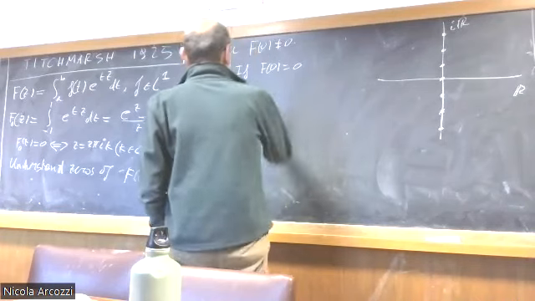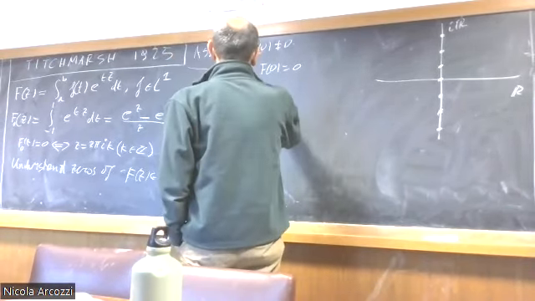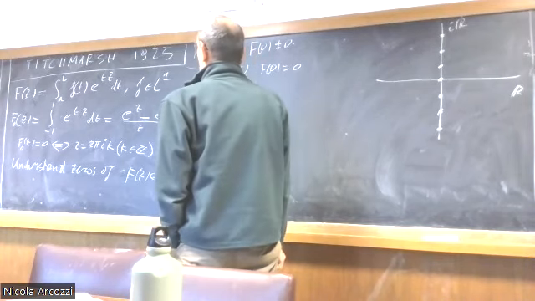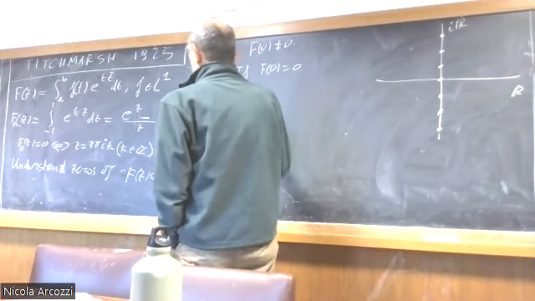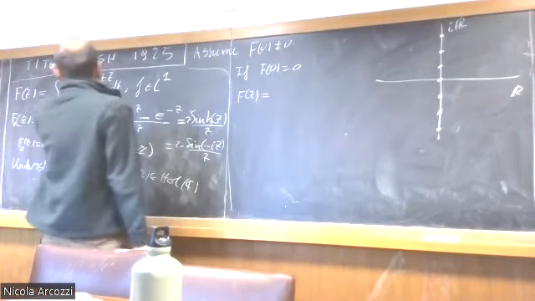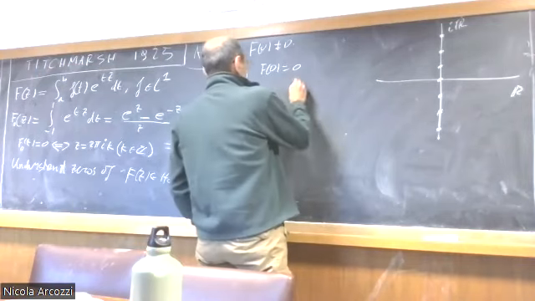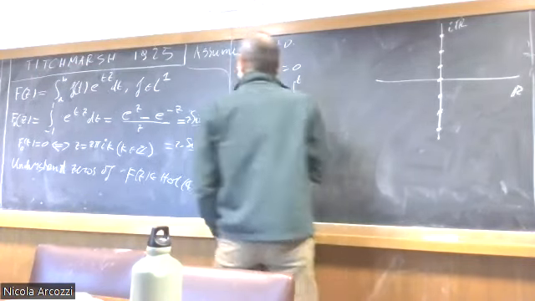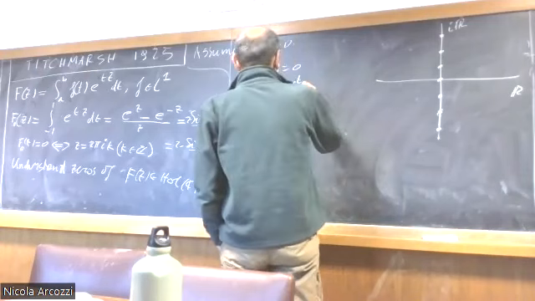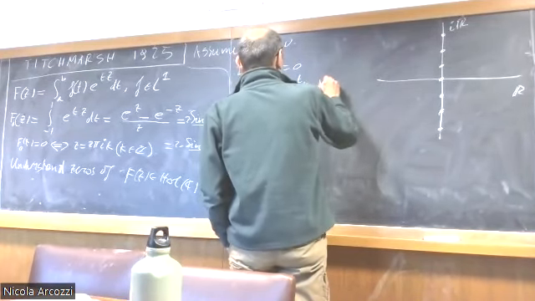integrate by parts. So we have f of z equal to the integration by parts: I take the integral of f, which is an absolutely continuous function, the integral between a and t of f of x dx.